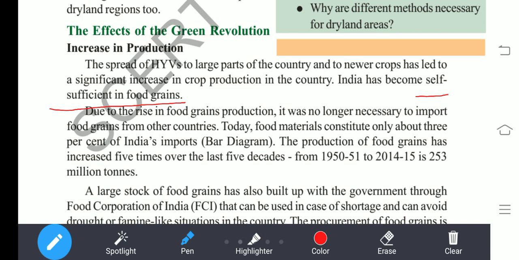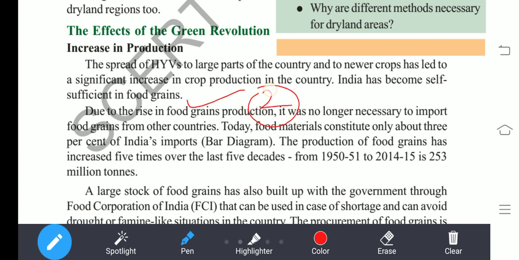Earlier we imported food grains, as there was a shortage and we were not able to meet the requirements of the people. So with the green revolution, the first point is India turned self-sufficient. The second is that there is a rise in food grain production.